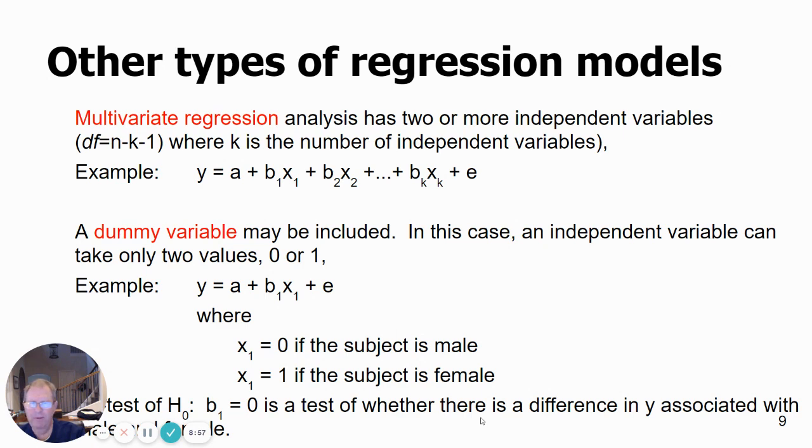One year, they had the students analyze a dummy variable, where an independent variable takes on only one of two values, 0 or 1. So I have that example where x is equal to 0 if the subject is male, and x is equal to 1 if the subject is female.